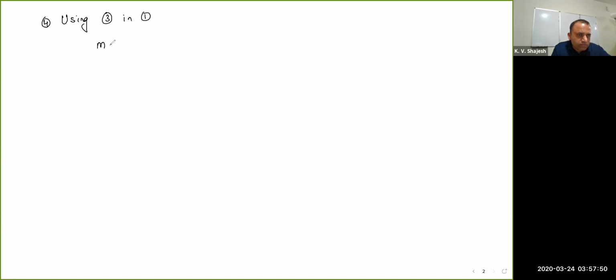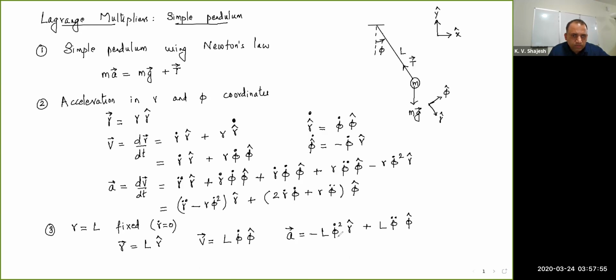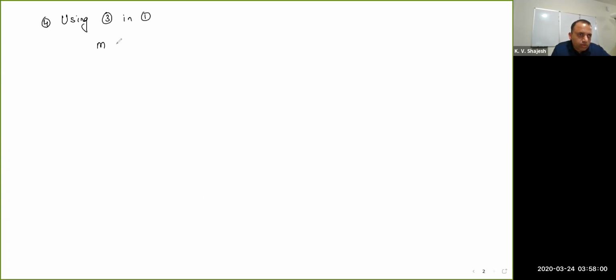So it is mass times, let me see, where we go back. So it is minus L phi dot square, that's a centripetal acceleration in the r hat direction, plus L times phi double dot, right? That's a tangential acceleration if you want, and that's in the phi hat direction.